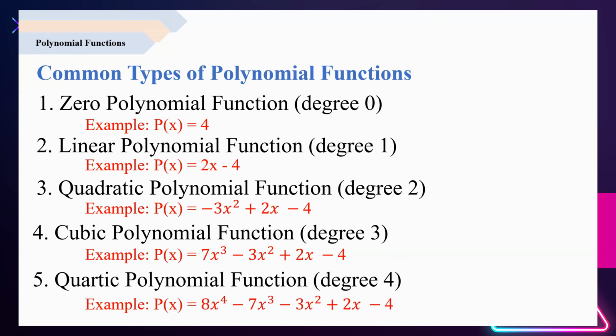Halimbawa, p of x is equal to positive 8x raised to the 4th power minus 7x cubed minus 3x squared plus 2x minus 4. So that example is a quartic polynomial function because the highest exponent is positive 4.